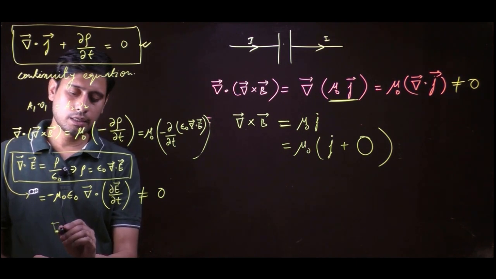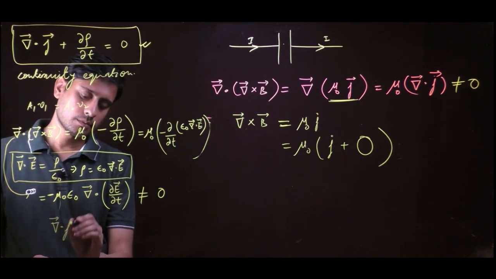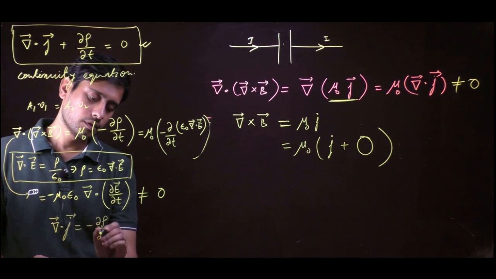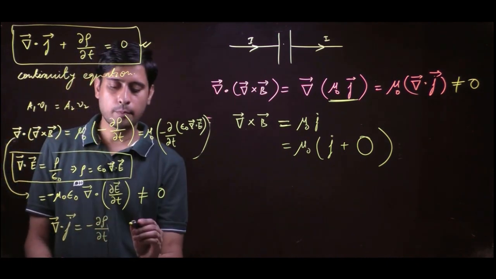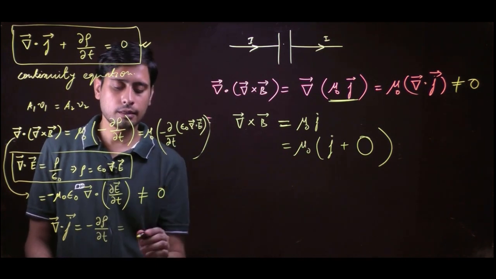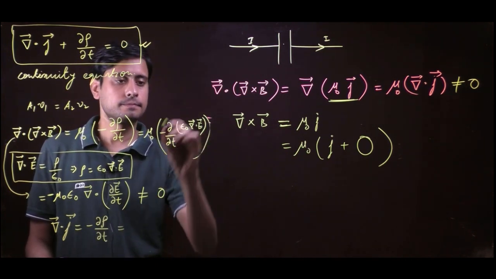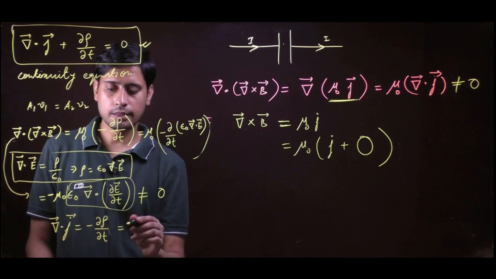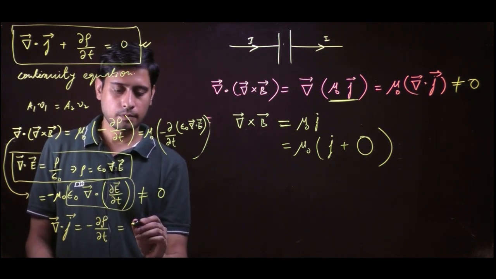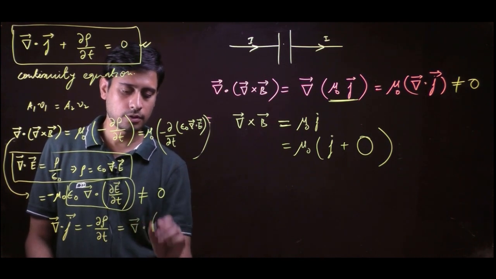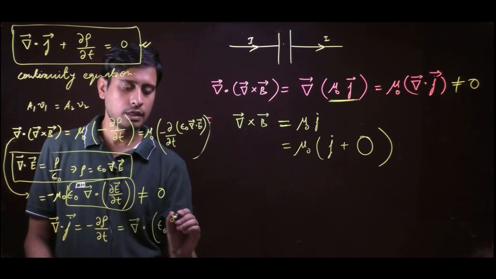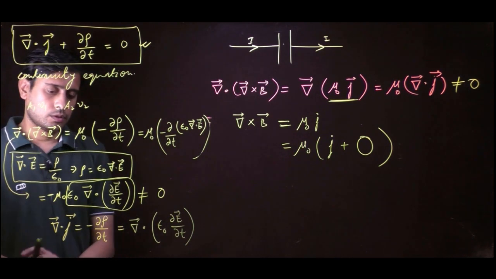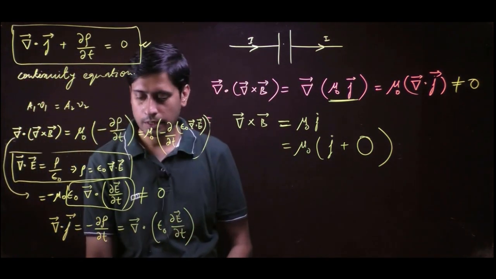Now we have this del dot J term equal to minus del rho upon del T. And this del rho upon del t comes out to be this term, and we have written it as del dot epsilon naught del E by del T. So this is what we have calculated.